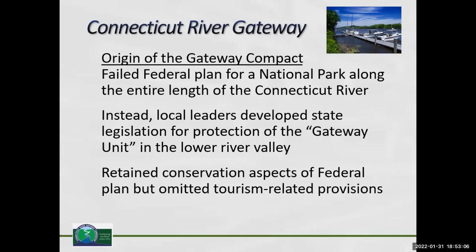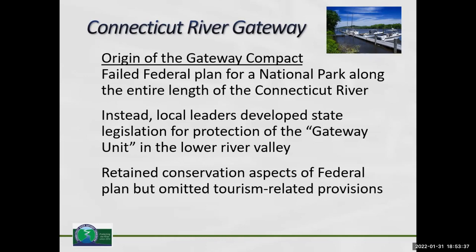The Gateway unit was the one that pretty closely aligns with what the Gateway Conservation Zone is now. That national park effort failed in all 4 of the New England states that the Connecticut River passed through. So down here in the estuary region, local leaders instead came up with state legislation to protect the Gateway unit, the lowest of the 4 in the lower river.